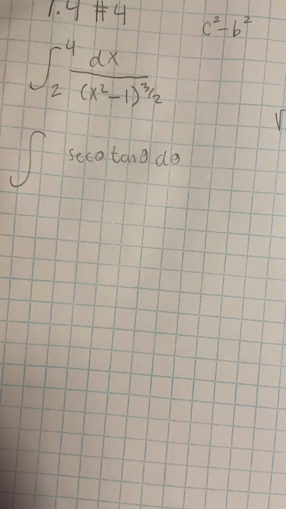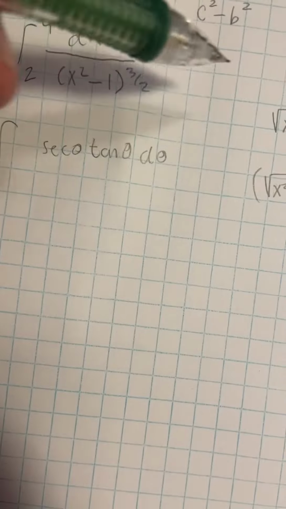So remember, 3/2 actually means square root to the third power. So we know the square root of x squared minus 1 is tangent, so we'll just say tangent to the third power theta.